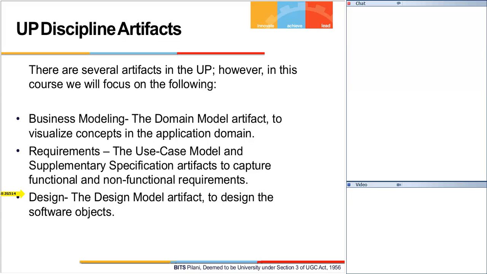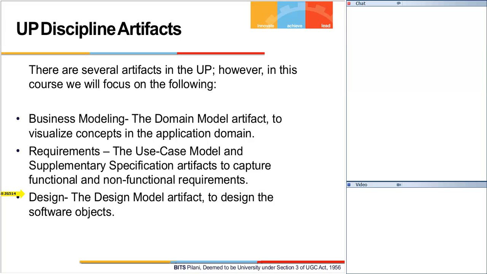Before I move ahead, there is one small clarification or addition that I would like to talk about. There are the words artifacts and work products, right? What do these two words mean?